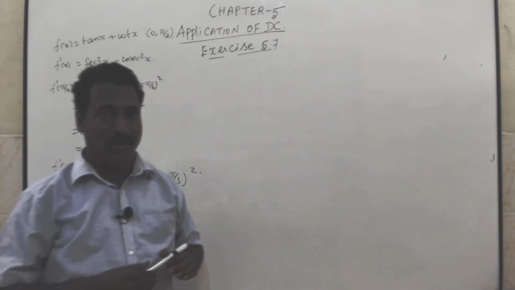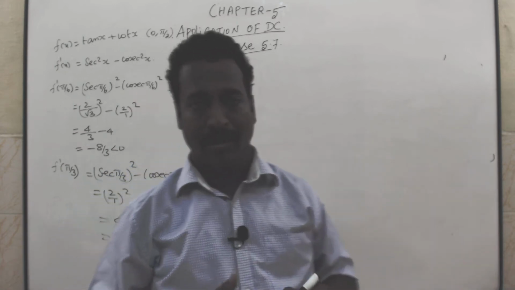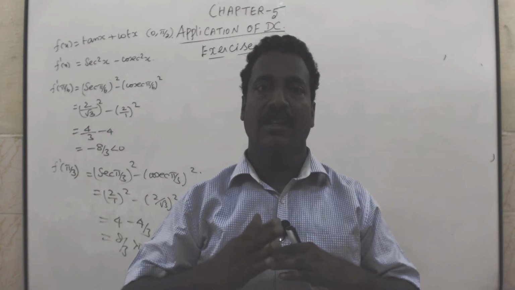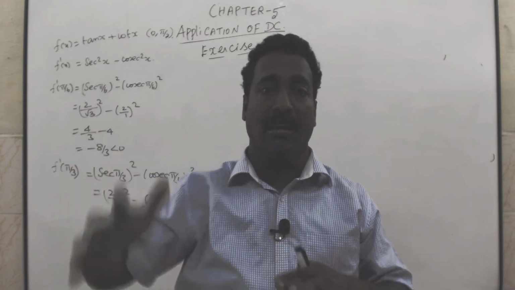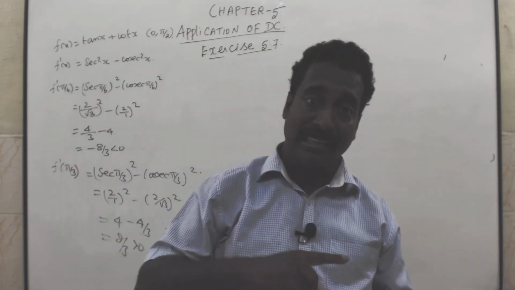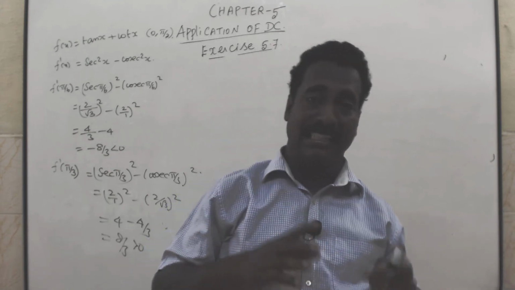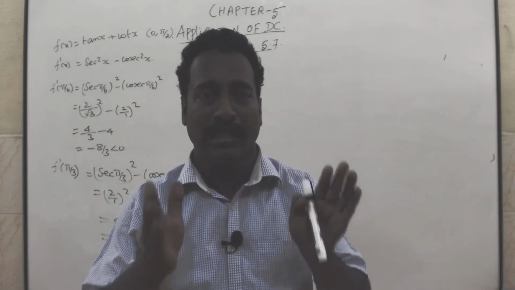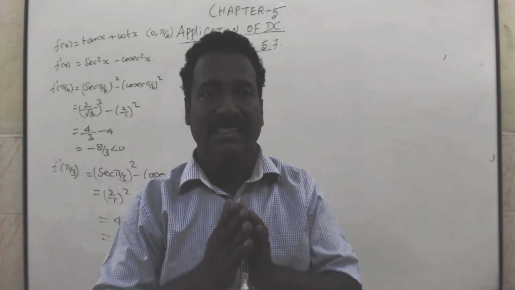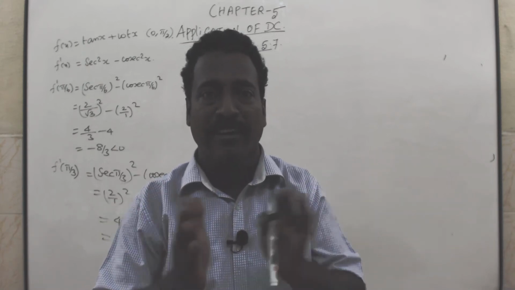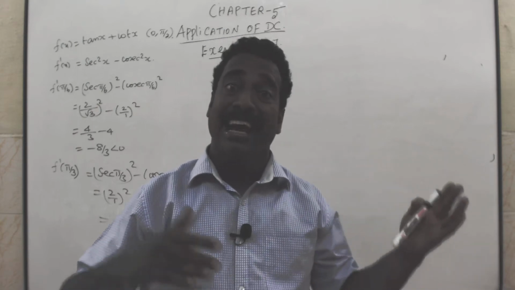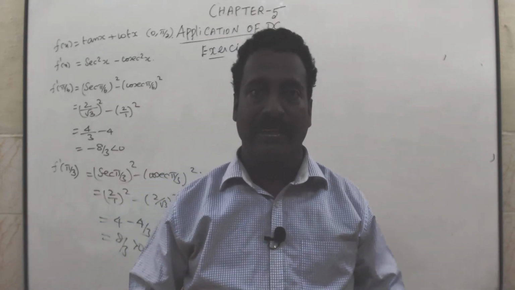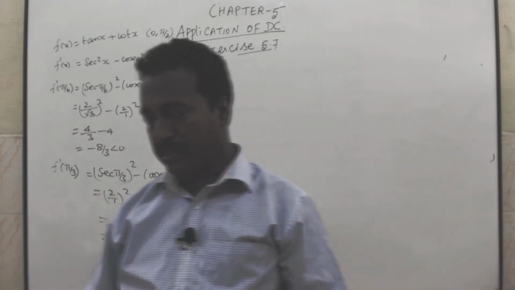So what you understand in this problem: monotonic means in this interval it is always increasing or always decreasing. Increases then decreases, or decreases then increases, means it is not monotonic. You just have to find f dash of x, and verify two different values in the interval, that is, the extreme values. If extreme values differ by sign, it is not monotonic.